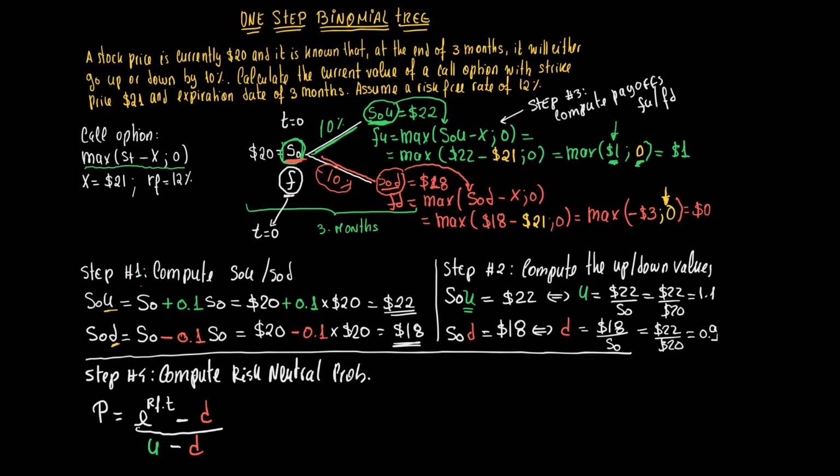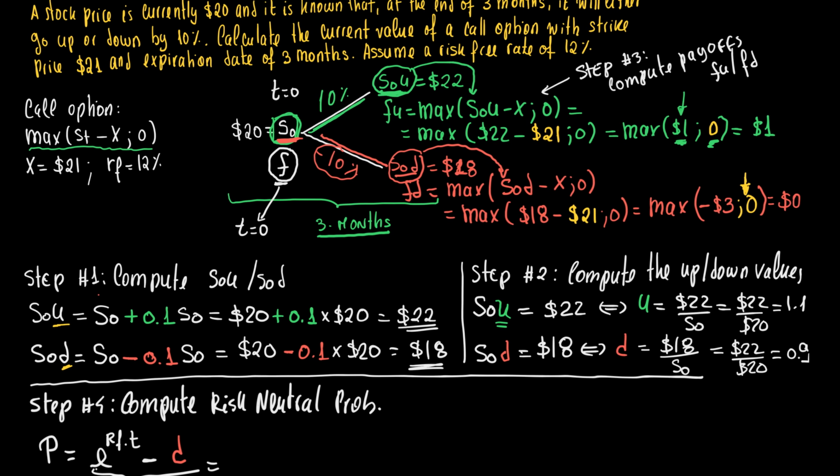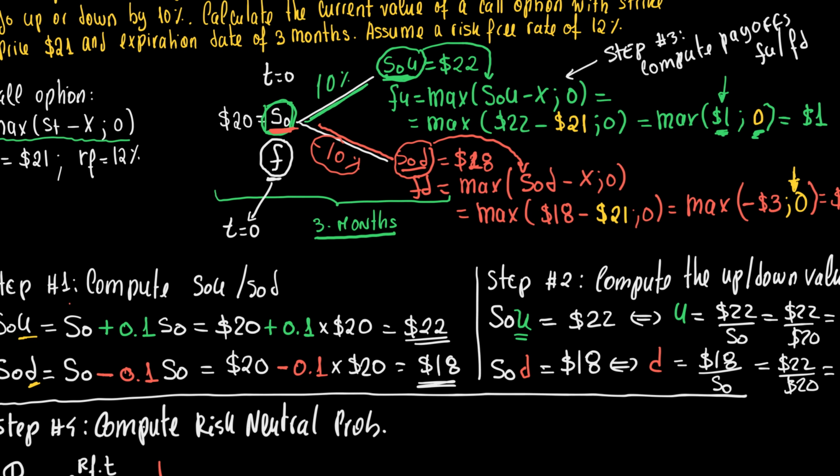And you simply substitute the values. One thing that you need to be aware of is that we never work with a time period in months. So we always convert months to years. So 3 months equals 3 divided by 12 years, which is nothing more than a fourth of a year.